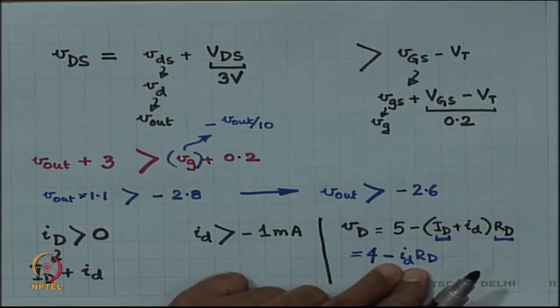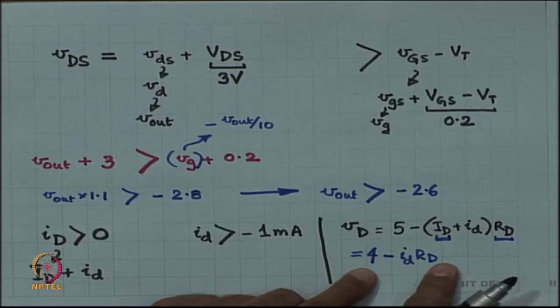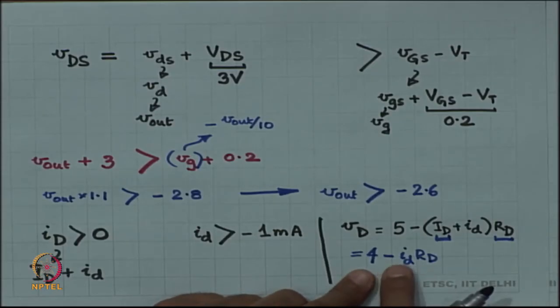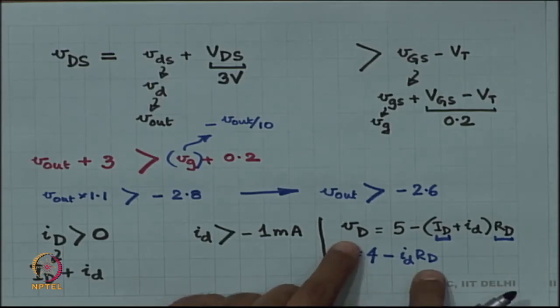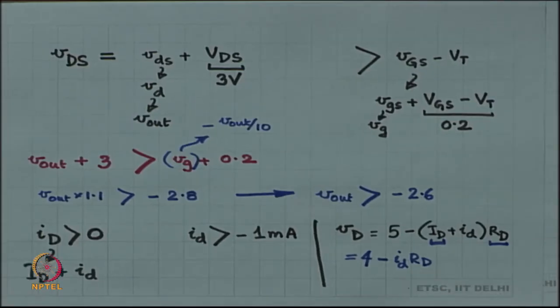That means, the largest value of V d is how much? 5 volts. R d is 1 kilo, minus 1 R d, another minus. So, this whole thing is a plus 4 plus 1. So, V d, the largest value of V d is 5 volts.